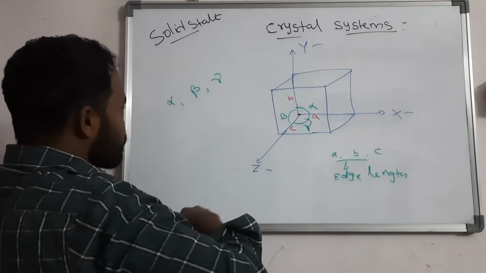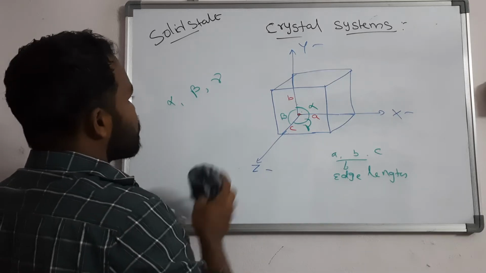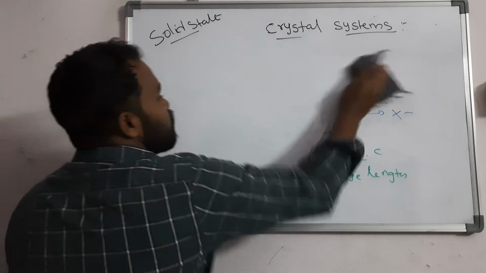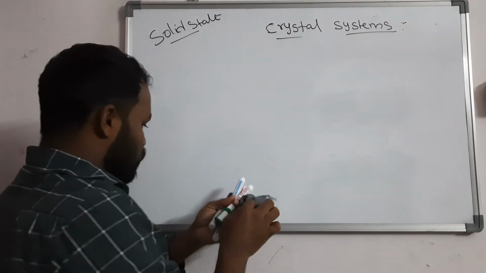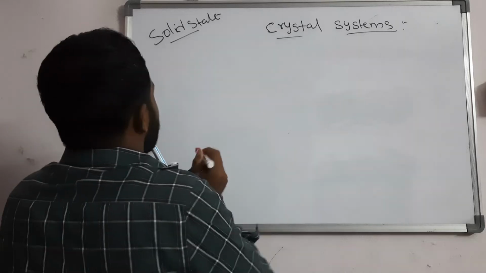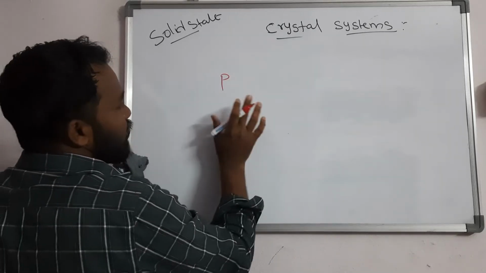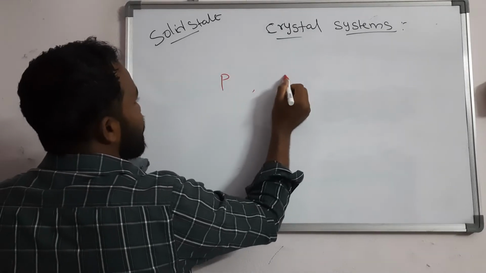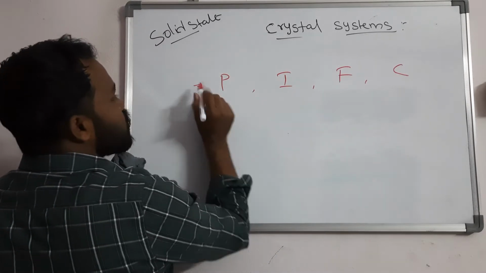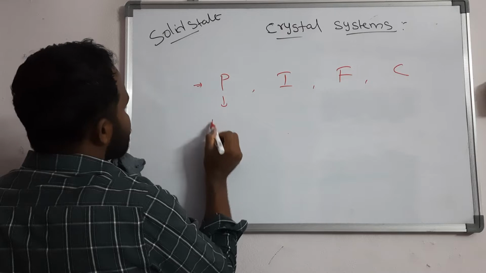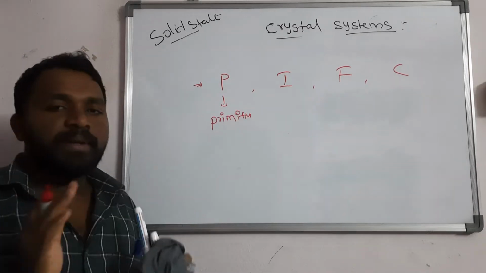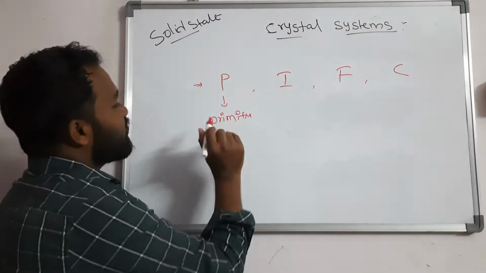Next, I am going to start with the 7 crystal systems. Before going into the 7 crystals, one more thing you should remember: these terms P, I, F, C. P means primitive, or simple cube.